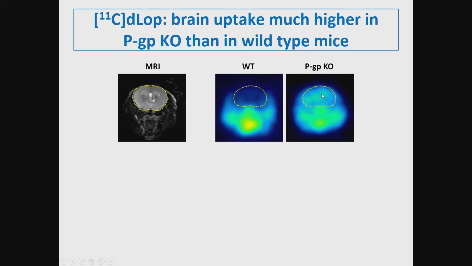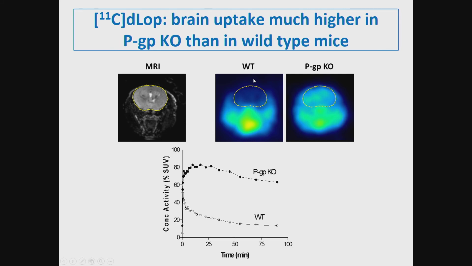But if you look at PGP knockout mice that don't have it, then there'll be uptake in the brain. So these mice will get high, and do get high, from loperamide if they're knocked out, but not if they're wild type. And if you look at the amount, it really makes quite a big difference in the brain. The wild type has hardly anything, but the PGP knockout has a lot getting into the brain, so it's getting high.